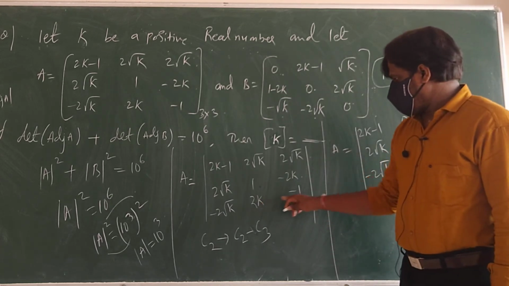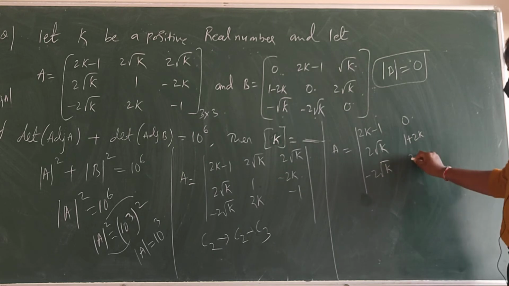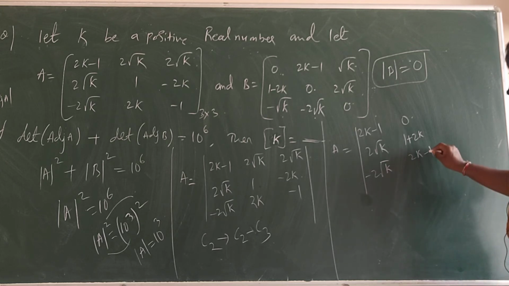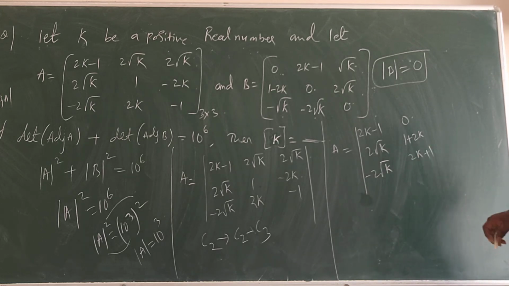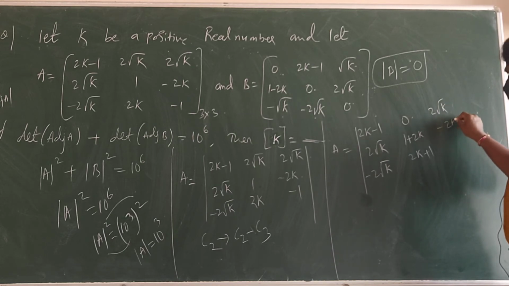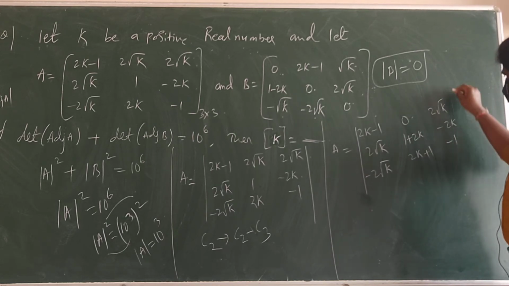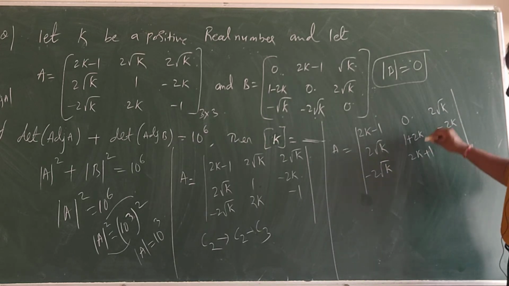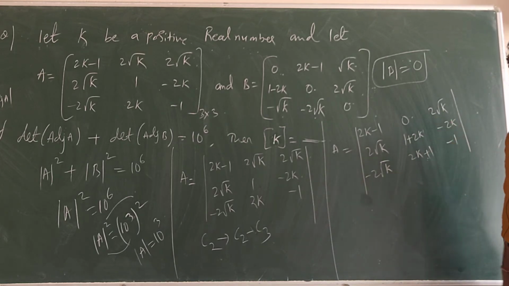C2 minus C3, 2k minus 1, 2 root k minus 2k minus 1. I have to take one more 0, so can I do this subtraction?